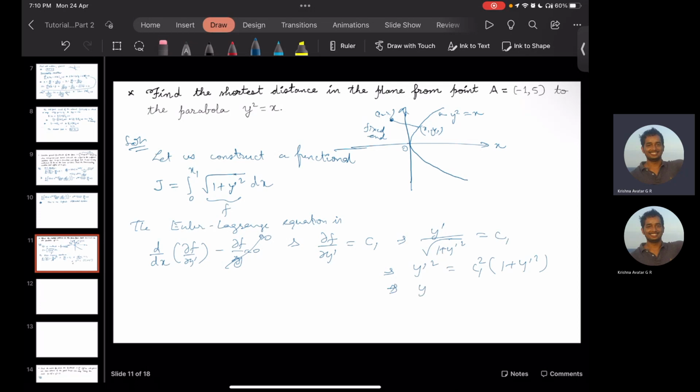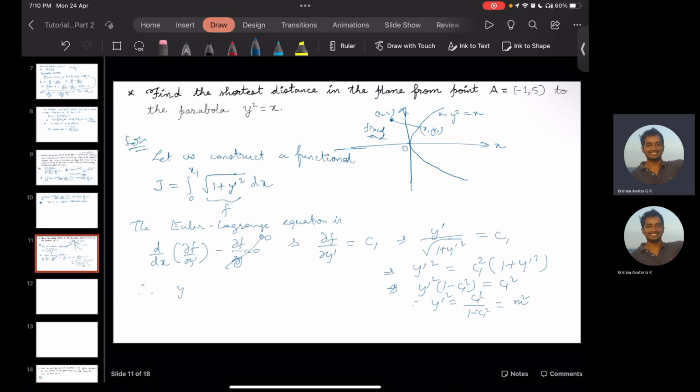So this gives us y prime squared equal to c1 squared over 1 minus c1 squared, which is some constant m squared.